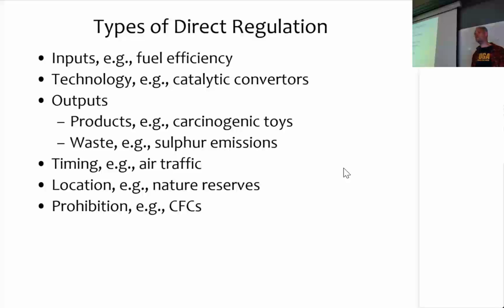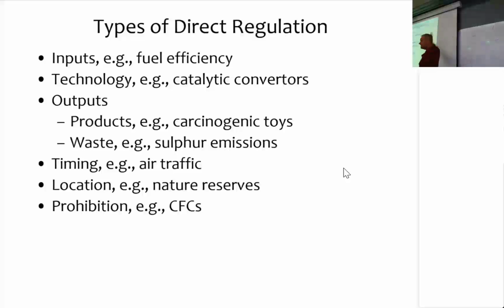And the reason is that CFCs destroy ozone, which leads to an increase in UVB radiation, which again gives you cancer. And we simply said, no more. Can't make them, can't sell them, can't buy them, can't use them. All of these activities are illegal.